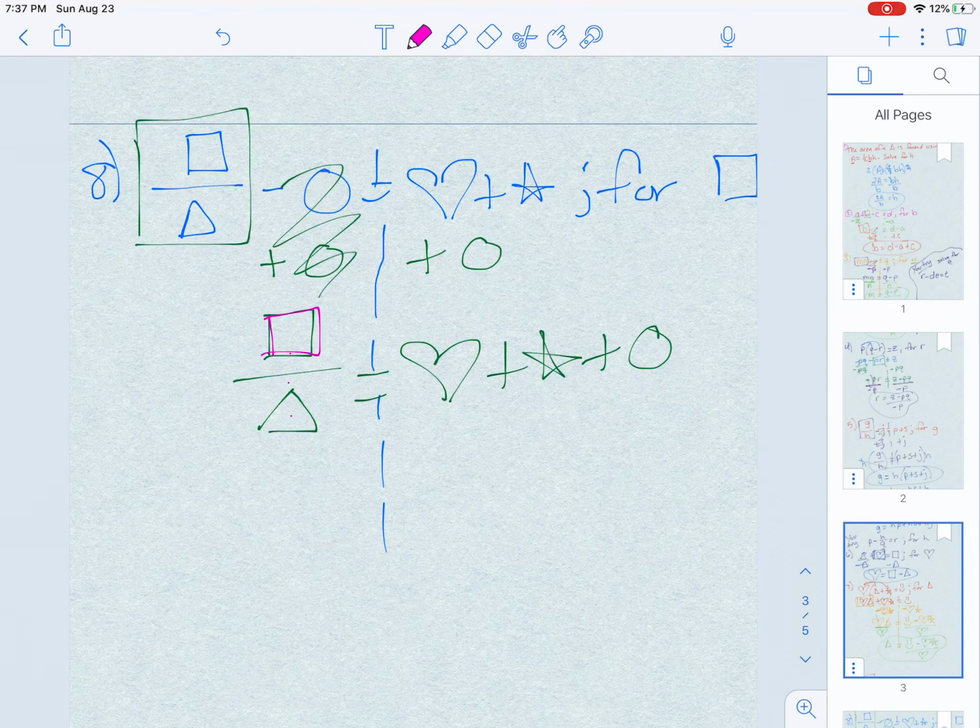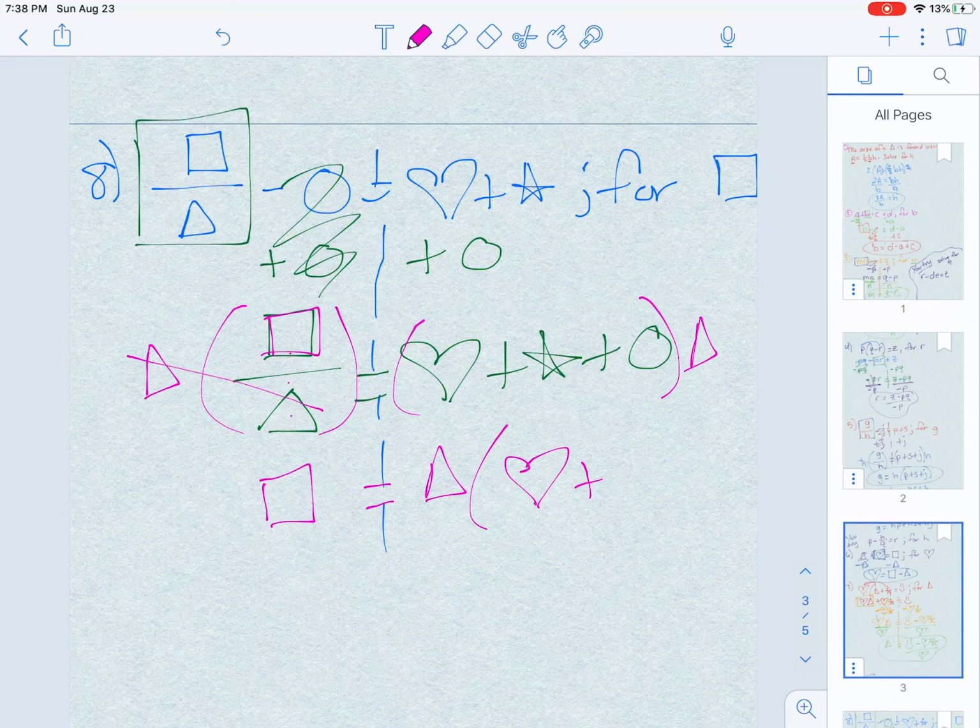So I have square divided by triangle. Division, opposite, would be multiplication. So we're going to multiply by the triangle. That guy's gone. Then we're left with square equals triangle times heart plus star plus circle, and you can just leave it just like that.